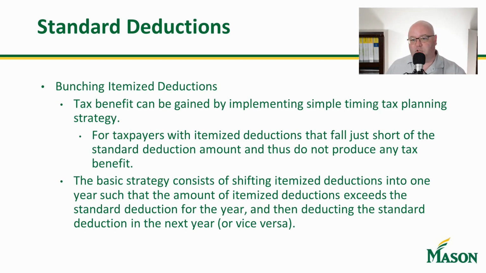Should we wait till next year or this year to do it? And I said, do it this year. You have a bunch of itemized deductions that are going to allow you to take the deductions now. You take the charitable contributions to go with it, you'll get a tax deduction on it. If you wait till next year, that money is not going to give you a tax benefit. And so we ended up doing some tax bunching with them. And that was actually a very helpful method for us to be able to save the client. I think we ended up saving around $3,000. So it was a good deal.